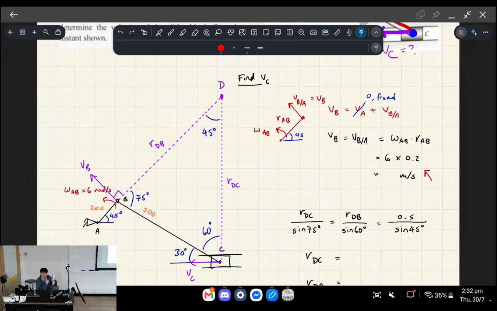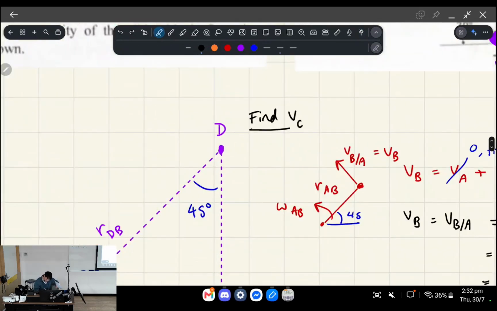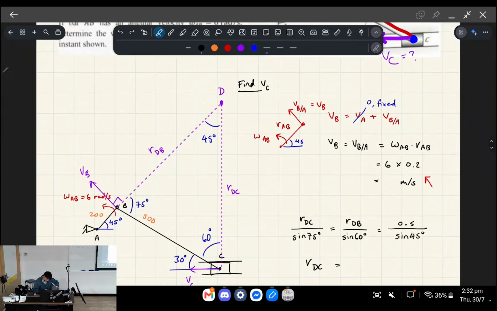Wrong word. Until the lever arms coincide. So that's one lever arm, and that's another lever arm, and there's a point at which they coincide, and that point is called the instant center of rotation. So that there is the instant center of rotation. I've just called it D. Sometimes in the lectures you'll see it called IC, the instant center, or ICR. But anyway, that's what I called it.